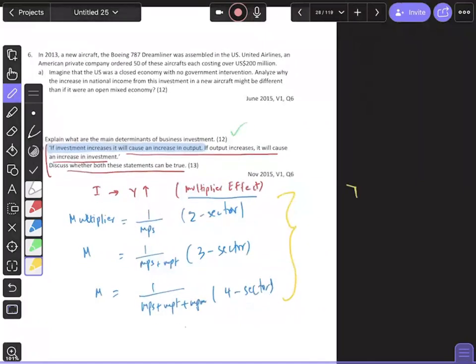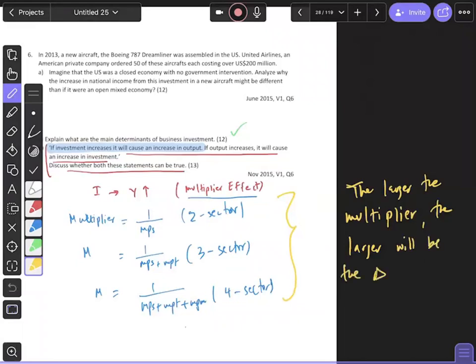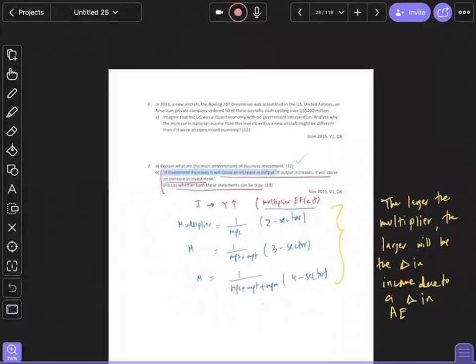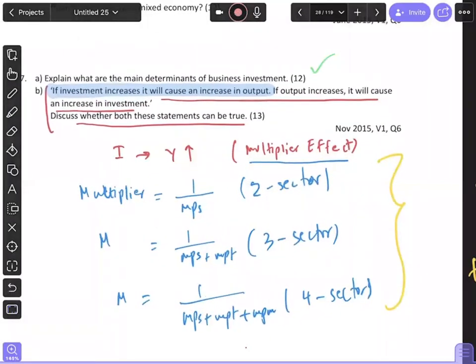So I can write this: the larger the multiplier, the larger will be the change in income due to a change in AE. Right, guys? So that's the first part when we talk about the multiplier theory and so on.